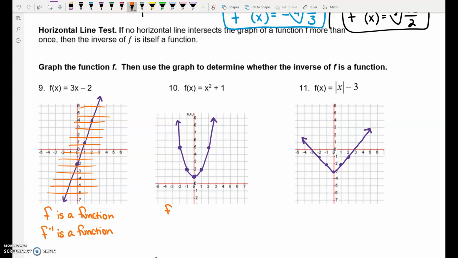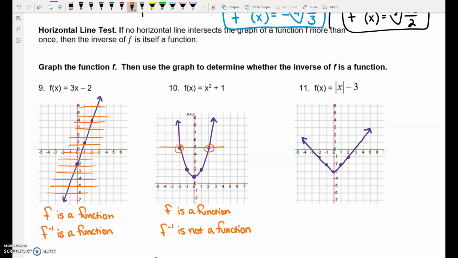Number 10, the original, this thing that's graphed, is a function. The vertical line test tells us that yes, this is a function. But when we do the horizontal line test, a horizontal line touches 2 points at one time, so the inverse is not a function.